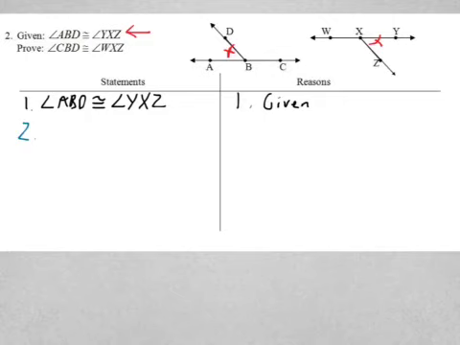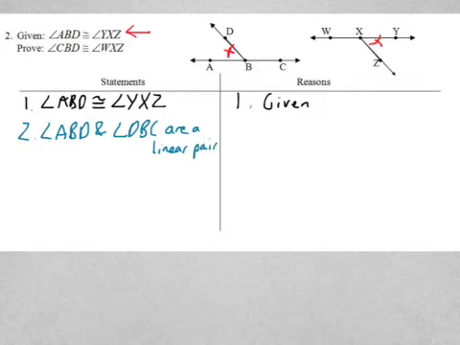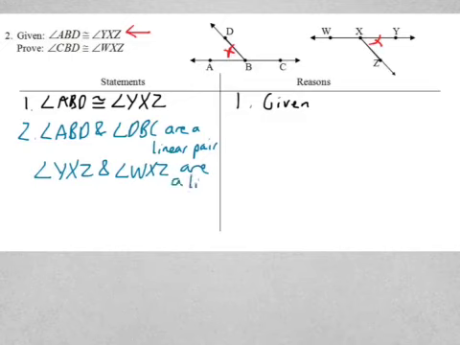So first let's say the angle ABD and angle DBC are a linear pair. Likewise, I can also say the angle YXZ and angle WXZ are a linear pair.